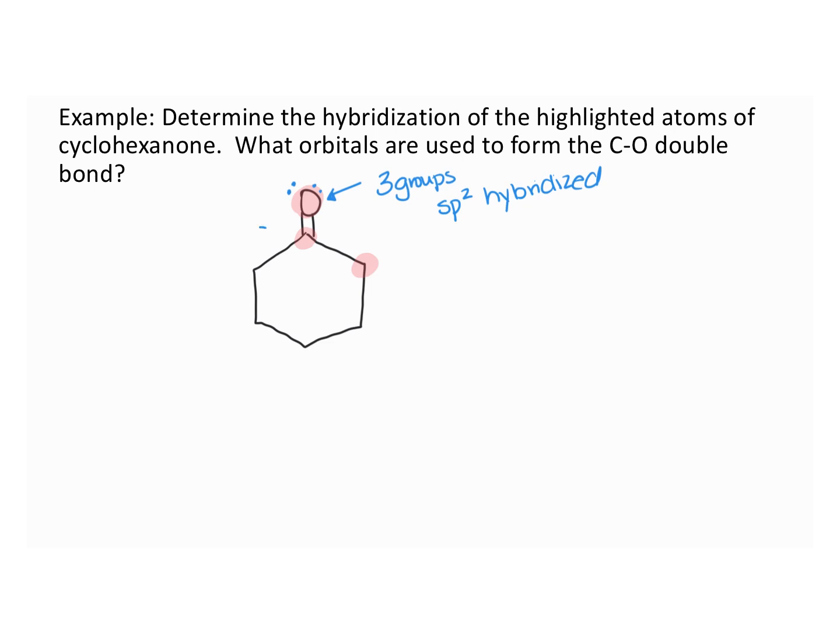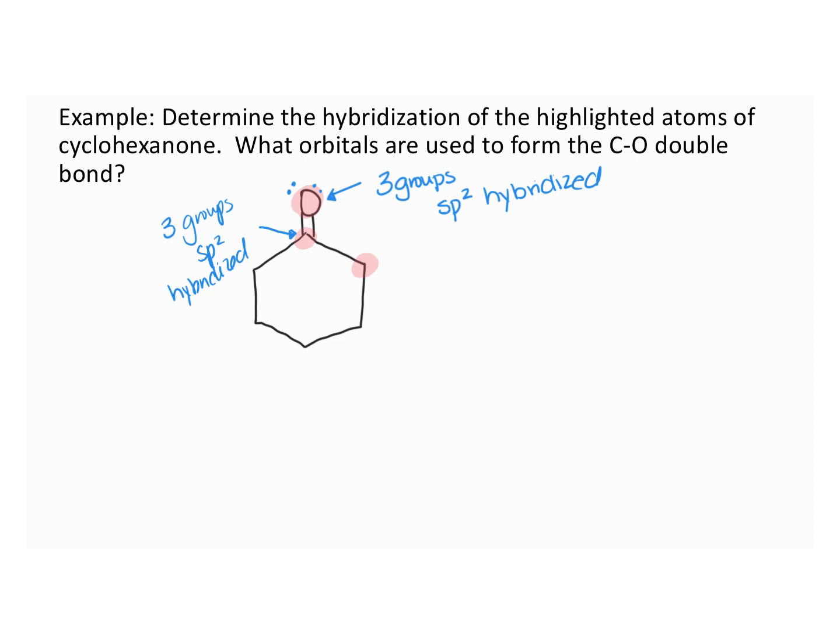I'm going to look at this carbon next, and I can see that there's 1 group here, 1 group here, and 1 group here. Because there are 3 groups on that carbon, that is also sp2 hybridized. Then I'm going to come over here and look at this carbon. This is really where you need to understand the skeletal structure to a Lewis structure.